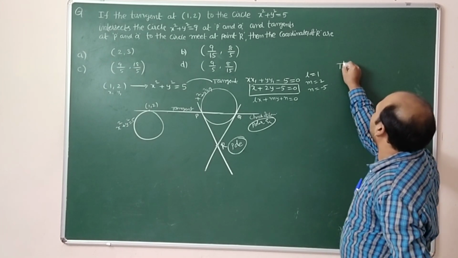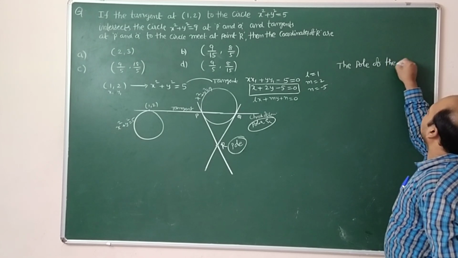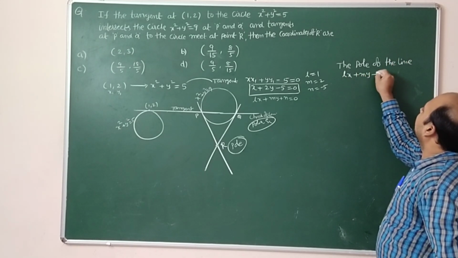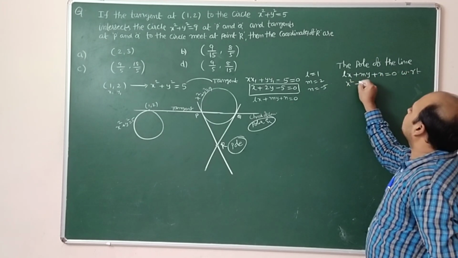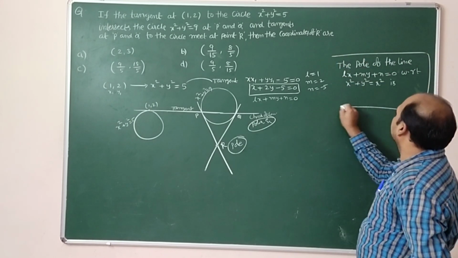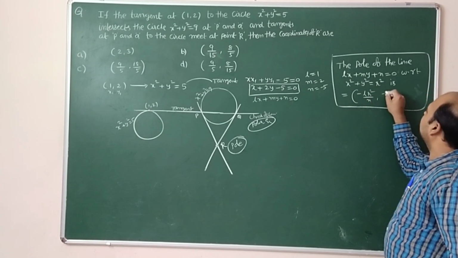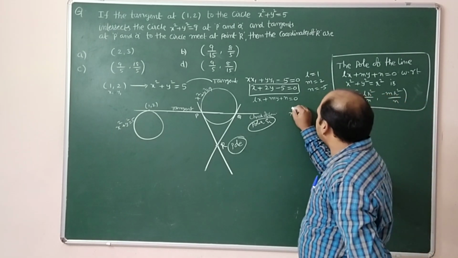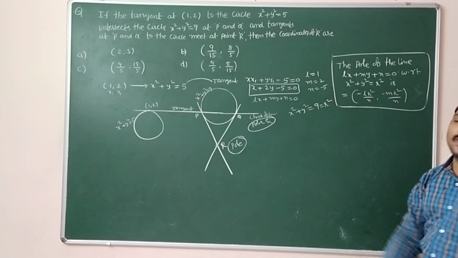So here I am writing the formula. The pole of the line Lx + My + N = 0 with respect to the circle x² + y² = r² is (−Lr²/N, −Mr²/N). So the given circle is x² + y² = 9, so r² = 9.